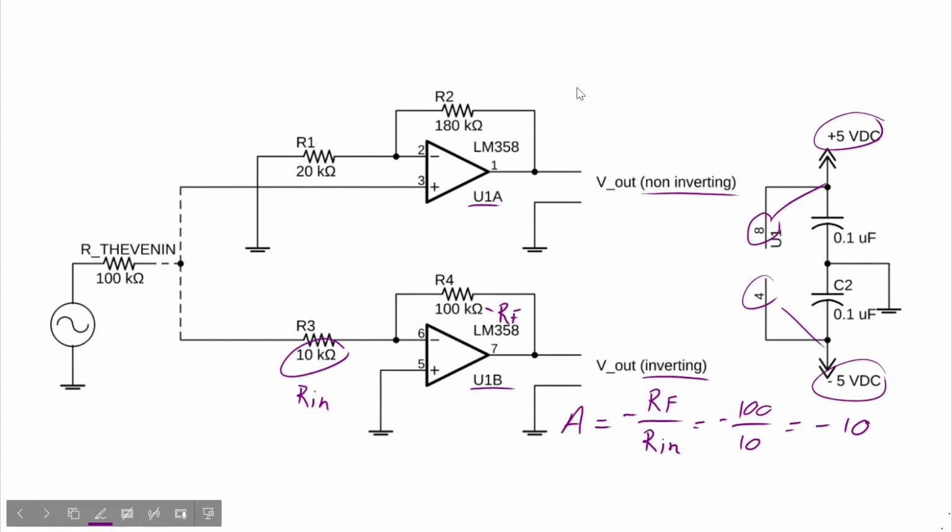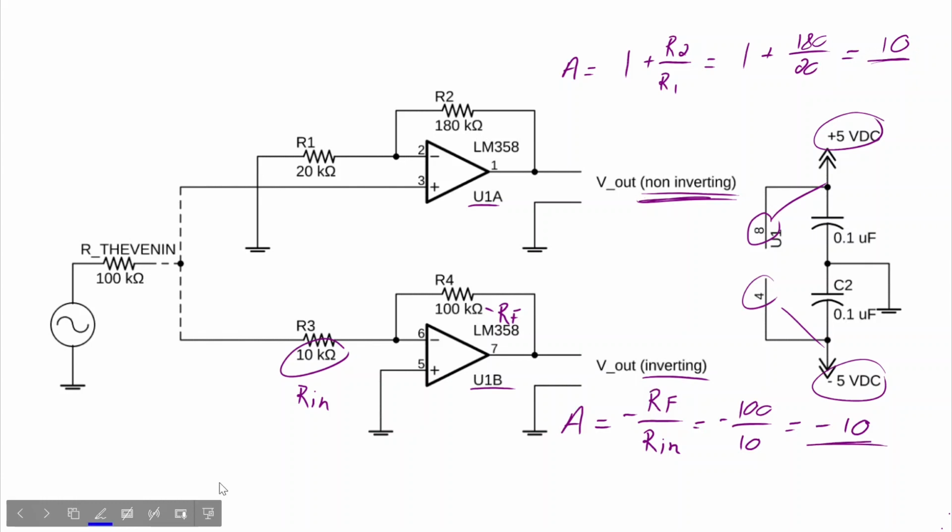For the non-inverting stage, gain is equal to 1 plus, in this case, we'll say R2 over R1, which yields 1 plus 180 over 20, which is giving us a gain of 10. So both stages are set for the same gain. Again, a gain of 10 for the non-inverting and a gain of -10 for the inverting.